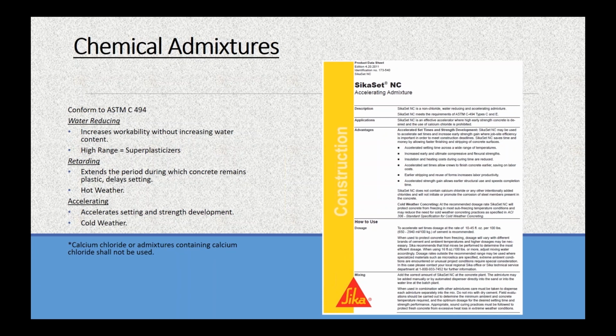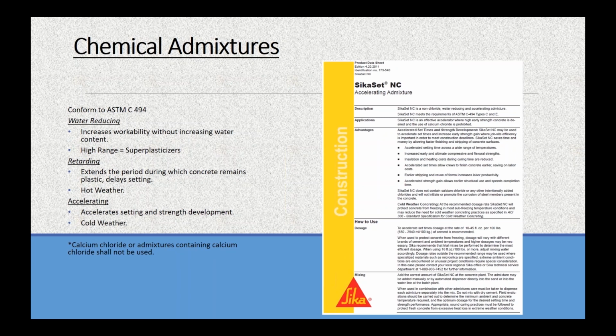We're not going to get into that right now, but just be aware. And then the other type are retarding admixtures. These are used to extend the period concrete remains plastic. So basically we're delaying the setting. These are valuable when you get into a hot weather concreting situation where your concrete is setting up very quickly and you need to obviously slow it down a little bit.